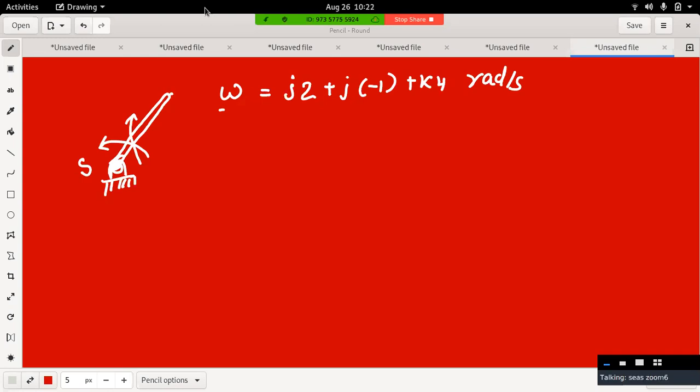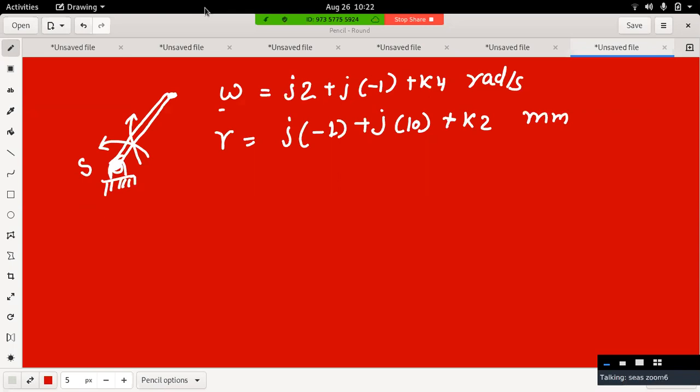Let's say also that at any particular instant its radius vector r, ज़्यादातर रेडियस वेक्टर क्या होता है, इसका पोजीशन वेक्टर होता है ना. Position vector is also called radius vector, and we generally use the notation r for radius vector, and at any particular instant r is given by I minus 1 plus J10 plus K2 mm.